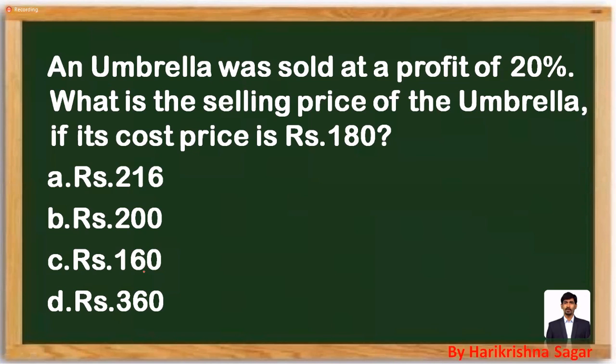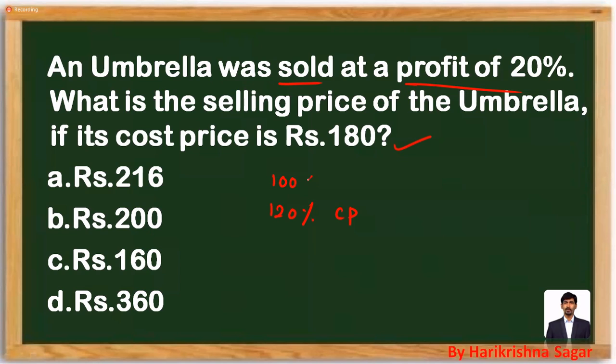Sold at a profit of 20% means it is going to be 120% of the cost price. What is the selling price if the cost price is 180?